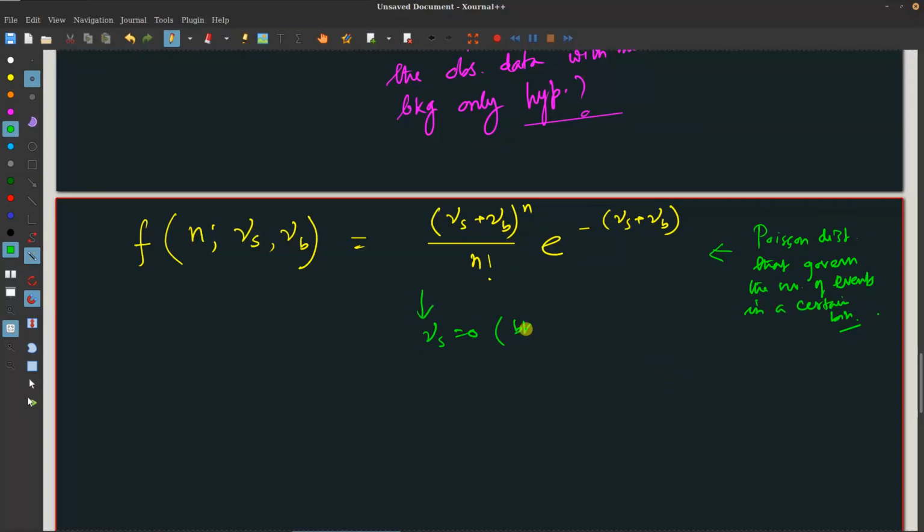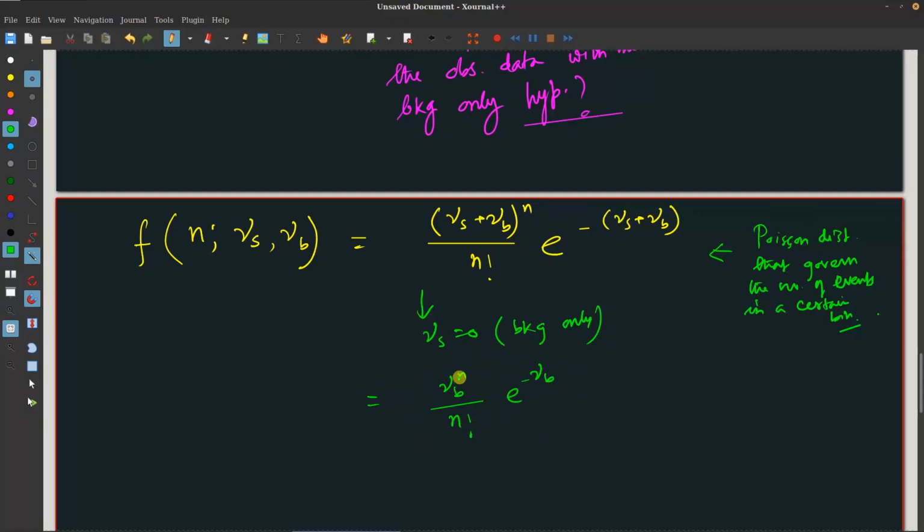So I am testing background only, assuming how compatible the data is with the background only hypothesis. Then this simply becomes nu b to the power n divided by factorial n, times e to the power minus nu b.